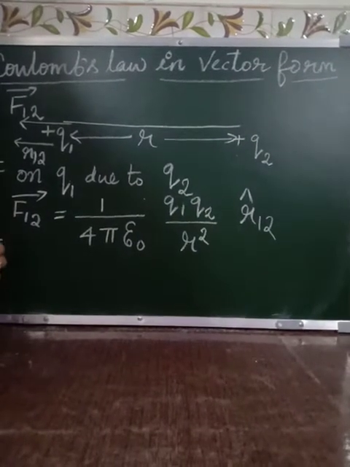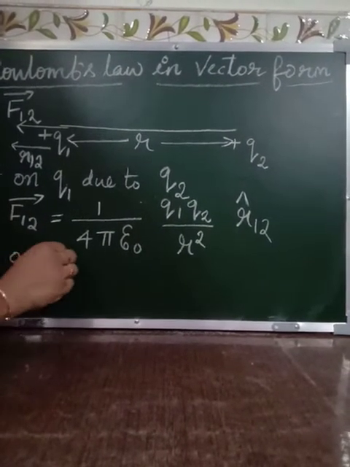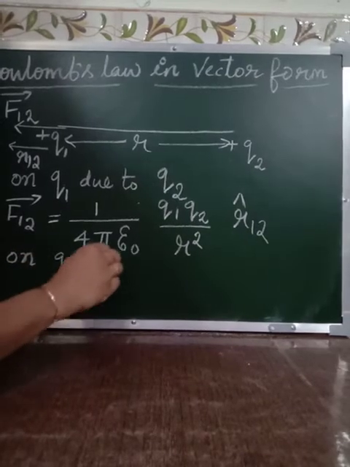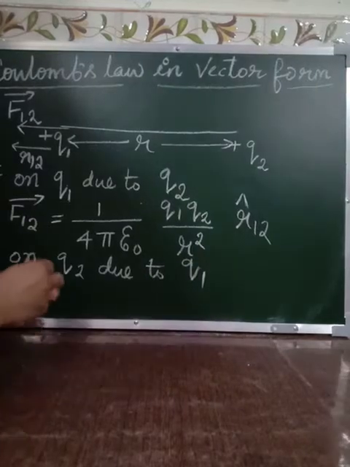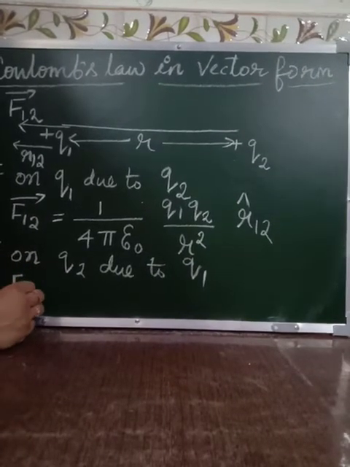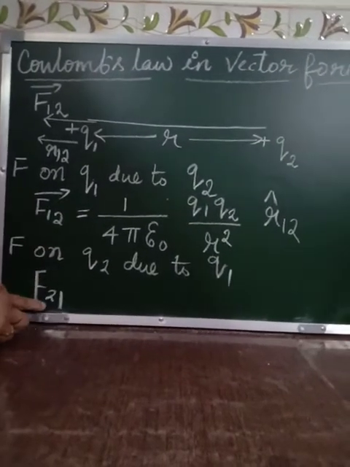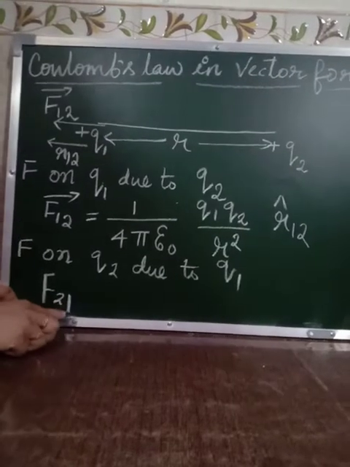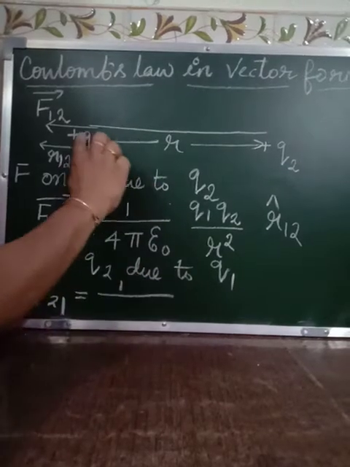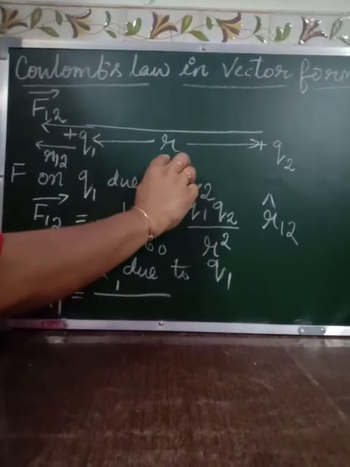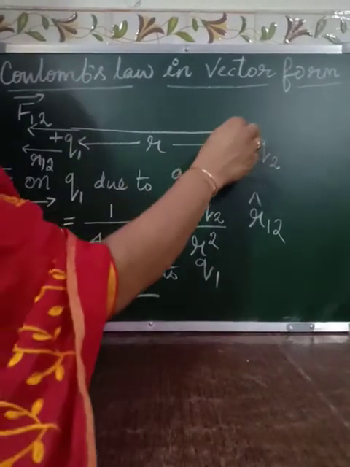Same way we can write the force on Q2 due to Q1. So force on second charge due to the first charge is equal to, magnitude will be same because charges are same, distance is also same. So what is the force here?